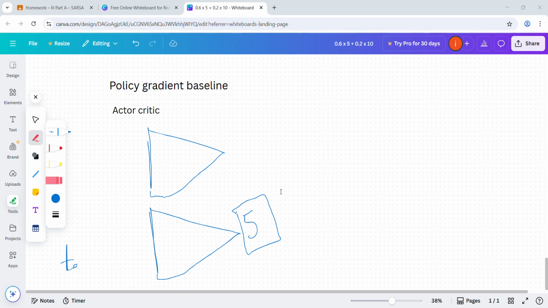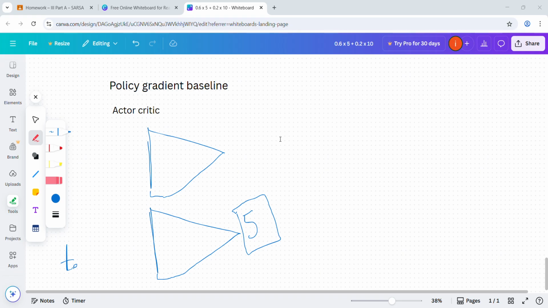Based on this loss we will use gradient descent to improve the value network, and that's how the value network and the policy network will be improved. Both networks will be trained simultaneously, and this will help us improve the problem of instability in the policy gradient method.